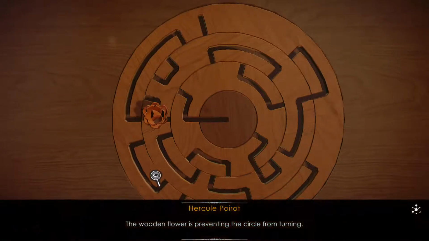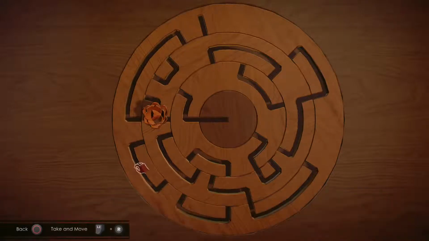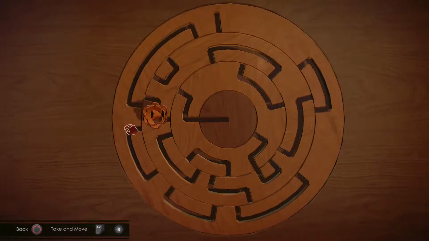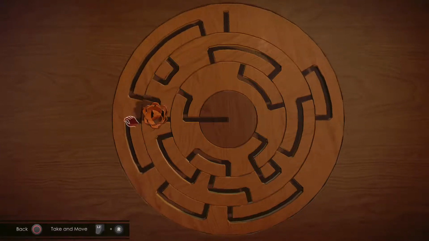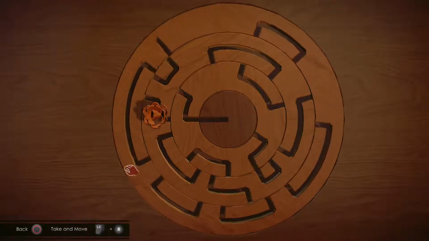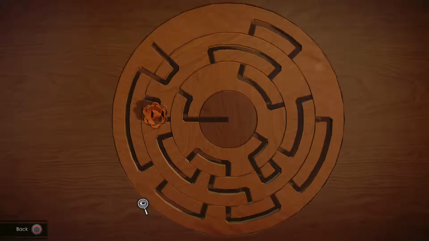The wooden flower is preventing the circle from turning. Quiet. Why is it clicking into that spot? I want it right there. Really? Really, game? What the hell?